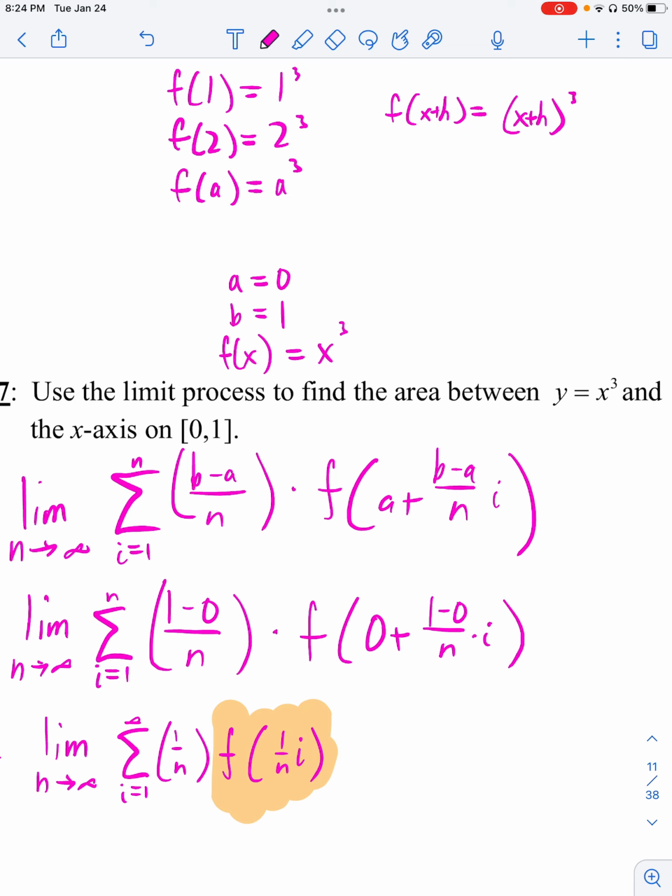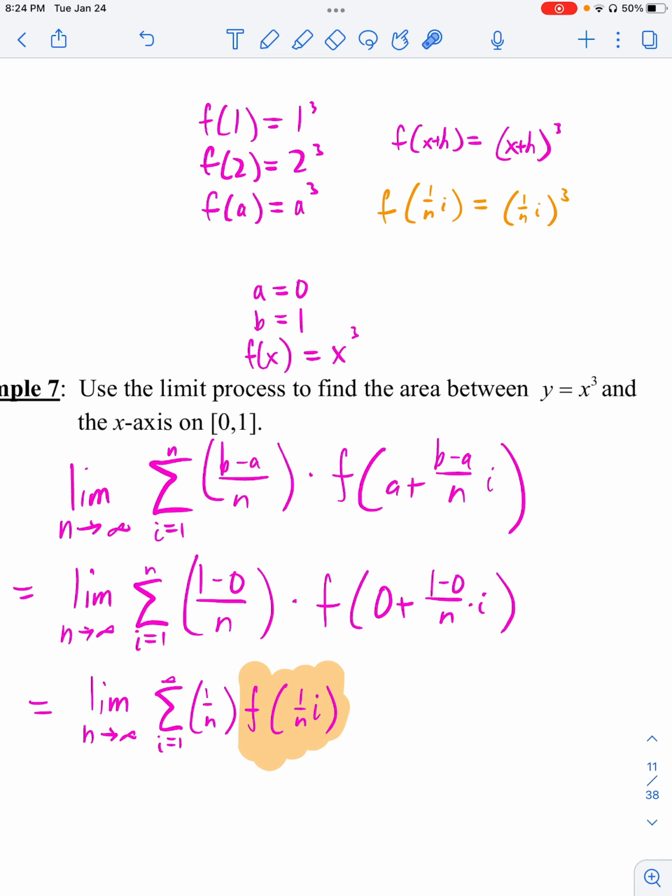Likewise, looking at f of 1 over n times i, everywhere there's an x, we do parentheses and put in 1 over n i cubed. So f of 1 over n i is 1 over n i cubed.